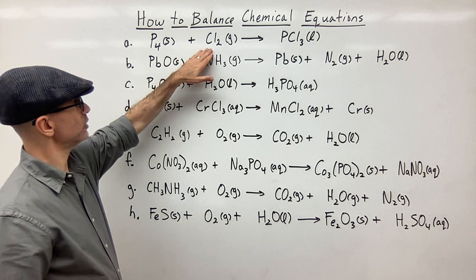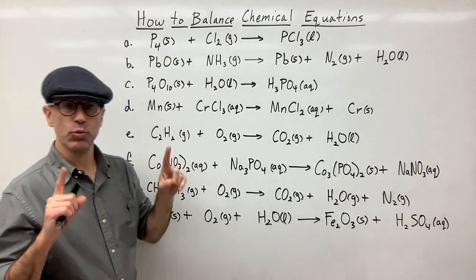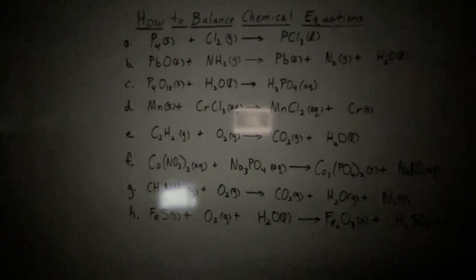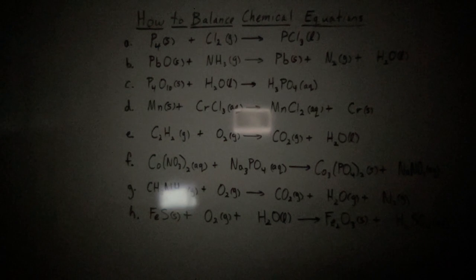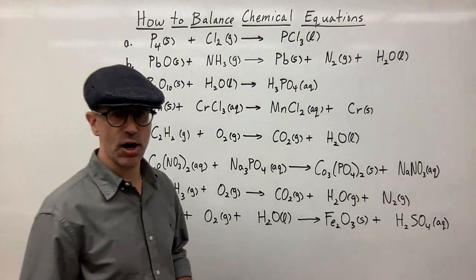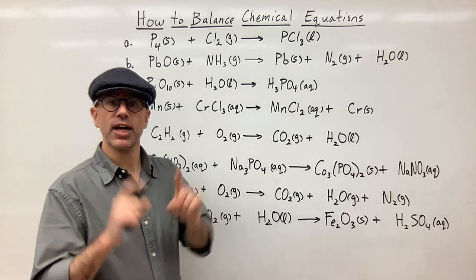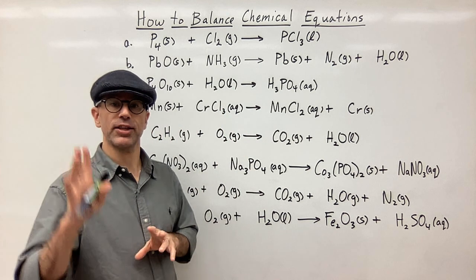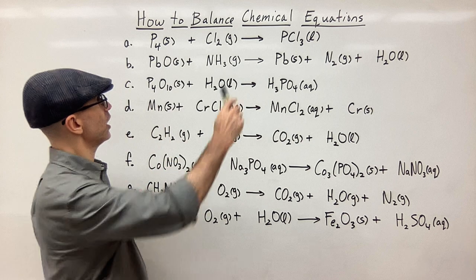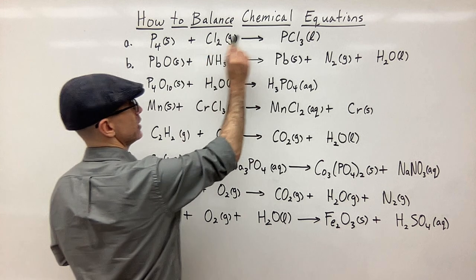But what I can do first is I can balance the chlorine on here by switching the subscripts and the coefficient. So I can write the coefficient of one of my element here, and I can take the subscript and write it as a coefficient over here.